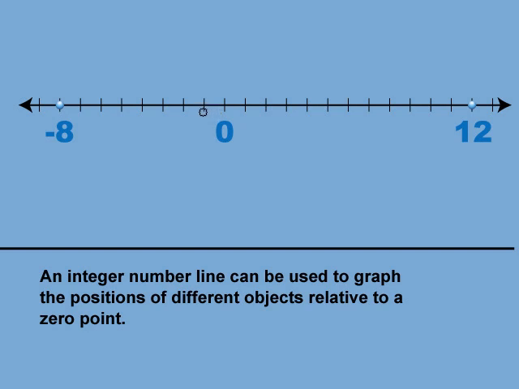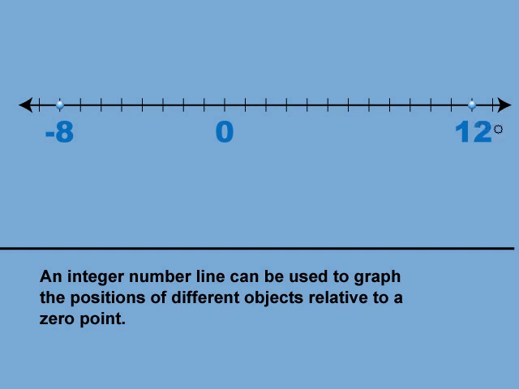All tick marks to the left of this represent negative integers, and all tick marks to the right represent positive integers. Counting 8 tick marks to the left is -8, which represents the depth at which the fish can be found from the previous illustration. Similarly, counting 12 tick marks to the right is +12, which represents the altitude of the bird.